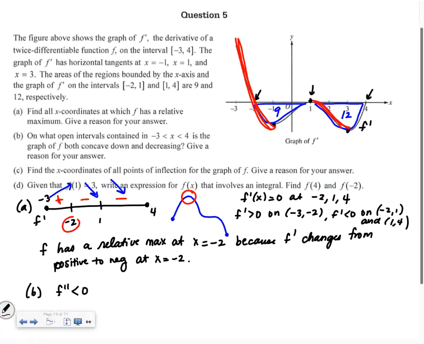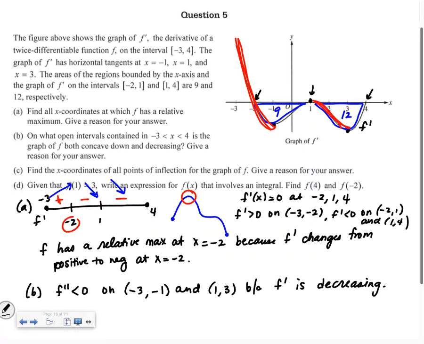So f double prime is less than 0 on -3 to -1, and also 1 to 3, because f prime, the graph of f prime, is decreasing. All right, so that's where it's going to be concave down.